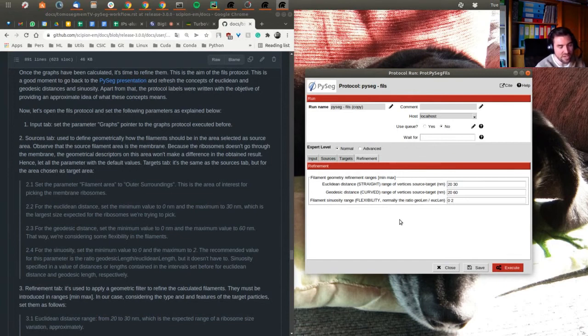We have a final range. For example, imagine that you have particles that are going from the outside to the inside of the membrane, across the membrane.